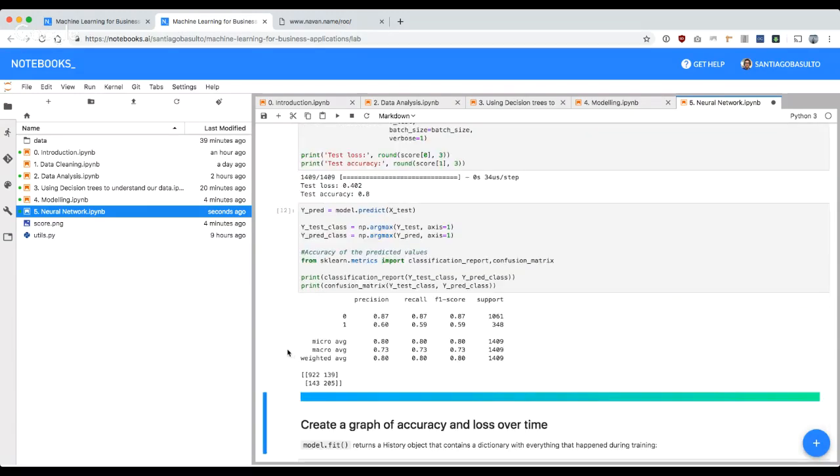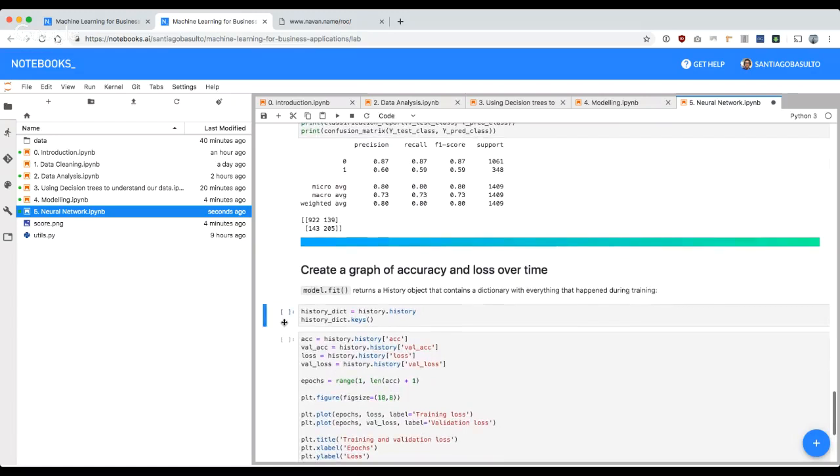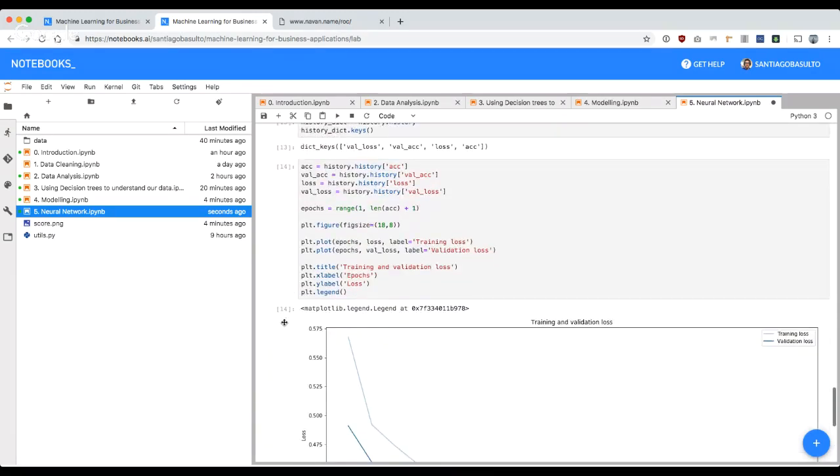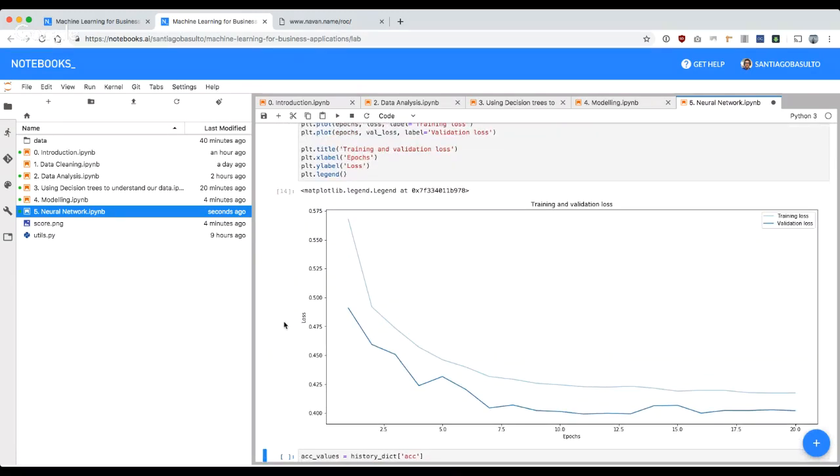Let me show you a couple of values here. These are the values that we're going to find. In this case, what we have is just how the model will evolve with the change in the number of epochs for both the training and the validation sets.